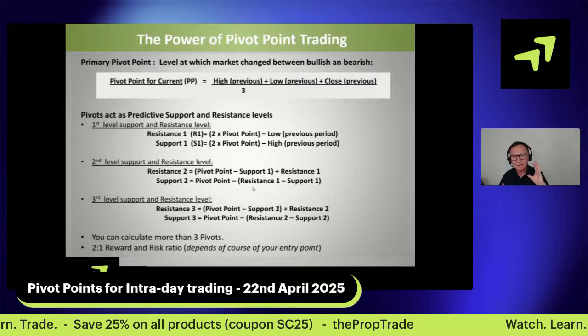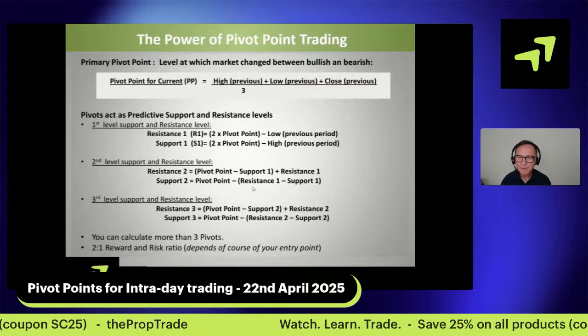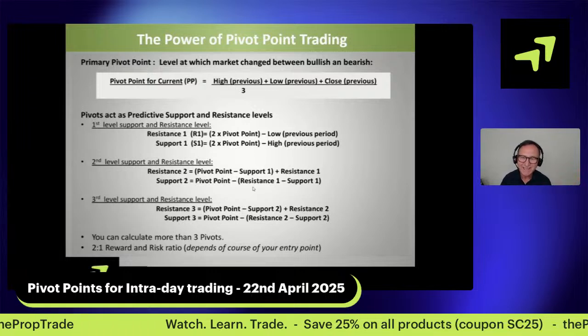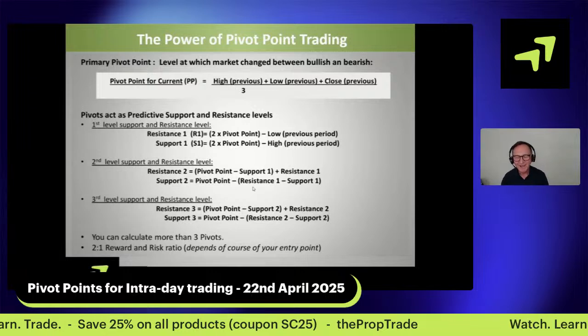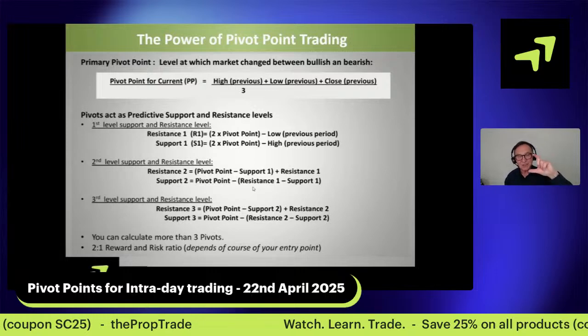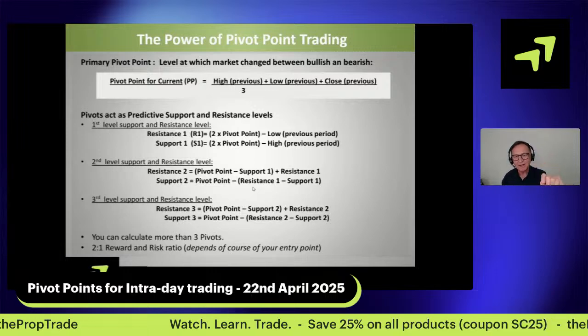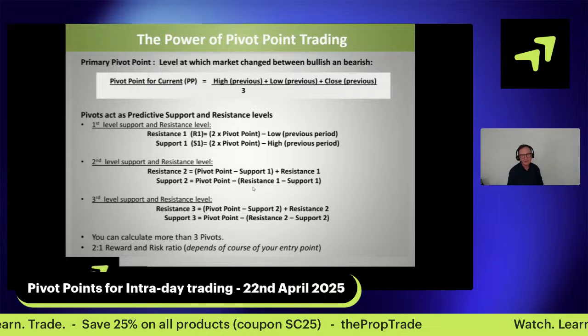So again, there are some traders that I know, I'm saying guys, it's a particular lady actually, who trades this way. She just uses the pivot area and R1 and S1 because she knows that they're more likely to get hit on a daily basis.